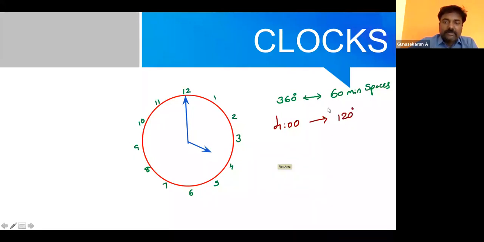Is it clear, everyone? 12 to 1, 1 to 2, 2 to 3, and 3 to 4. At 4 o'clock, the angle between minute hand and hour hand is 120 degrees. Okay, fine. At 4:10, what is the angle between minute hand and hour hand?